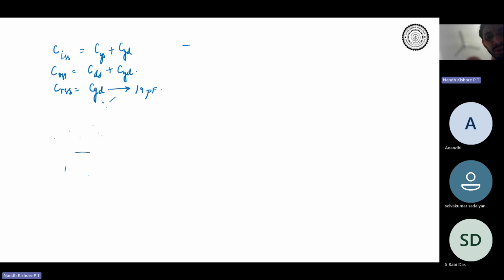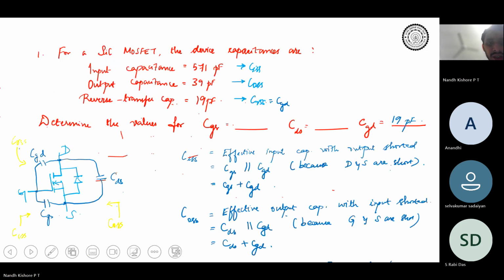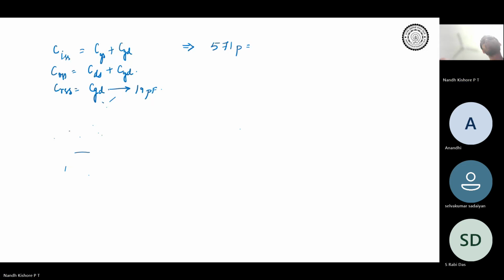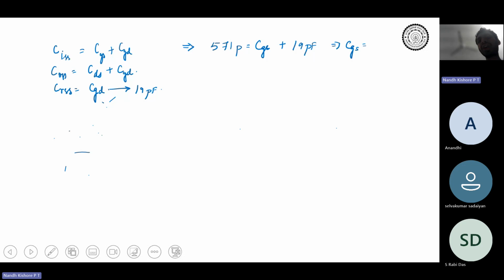CISS is given to be 571 picofarad, equal to CGS plus 19 picofarad. Therefore, CGS turns out to be 571 minus 19.